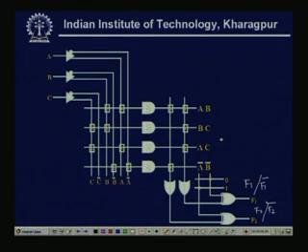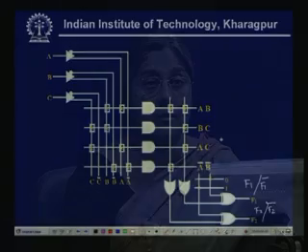Next day we will be discussing the general structure of a PLA, that means for n input m output equations, how the PLA can be designed. So, we will continue this discussion in the next lecture. Thank you.